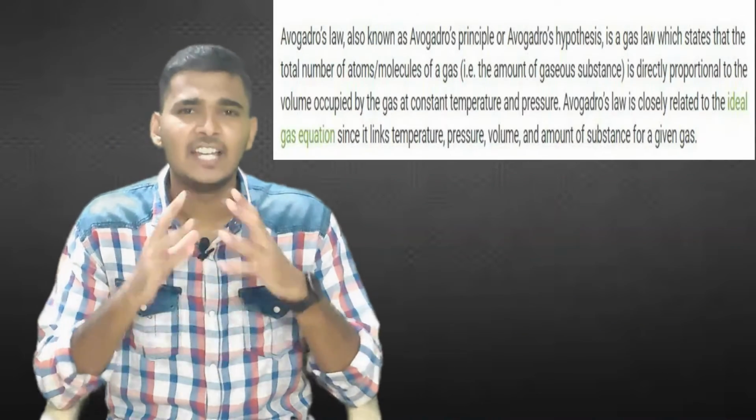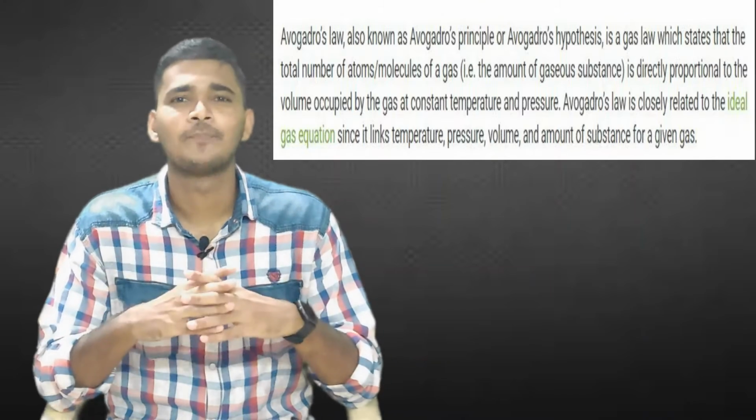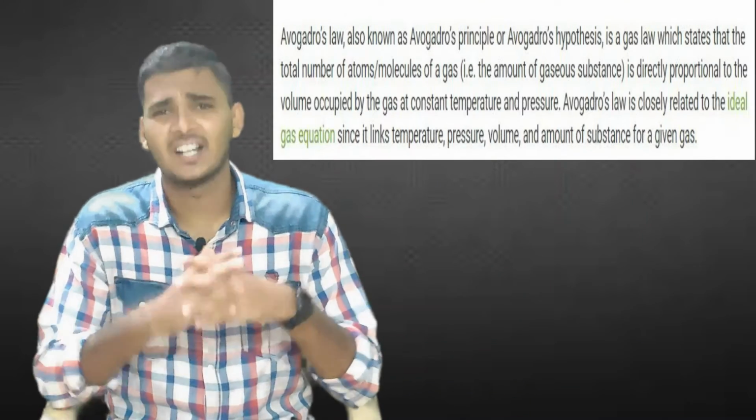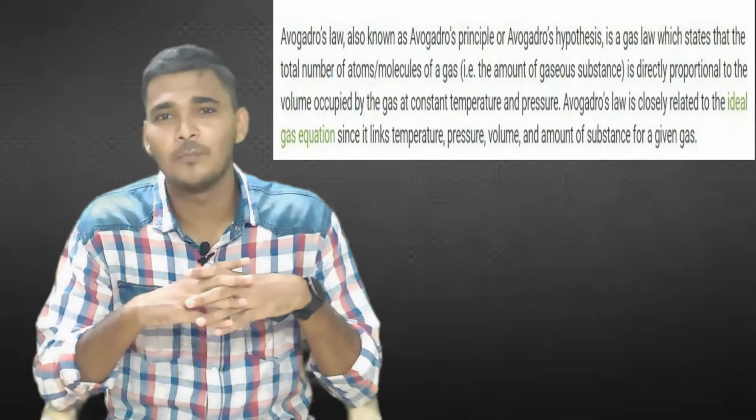Next and the last one is Avogadro's law. This is a little bit of a modification of Gay-Lussac's law. It states that equal volumes of all gases under identical conditions of temperature and pressure contain an equal number of molecules. For example, if you have two containers, in one there is oxygen gas O2 and in another there is nitrogen gas N2.